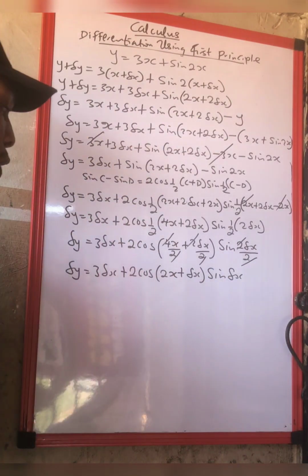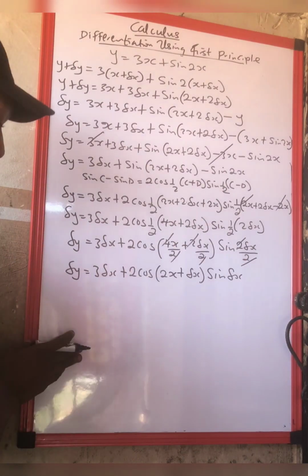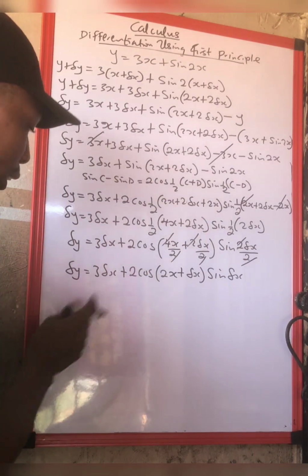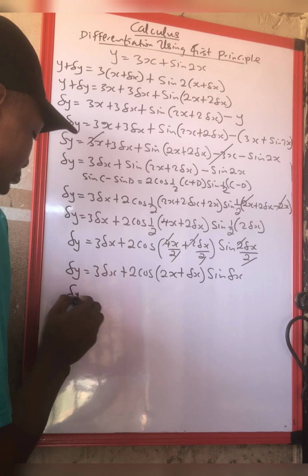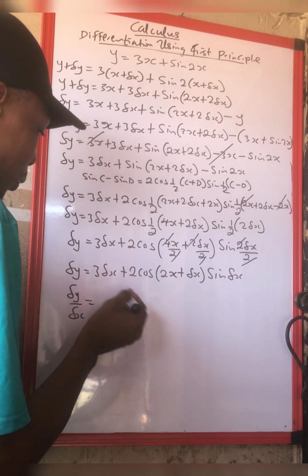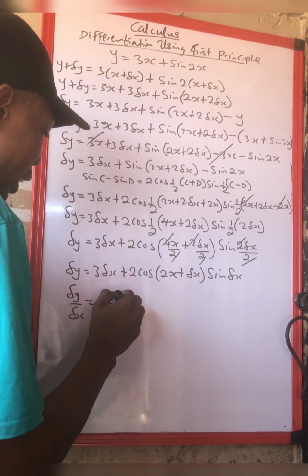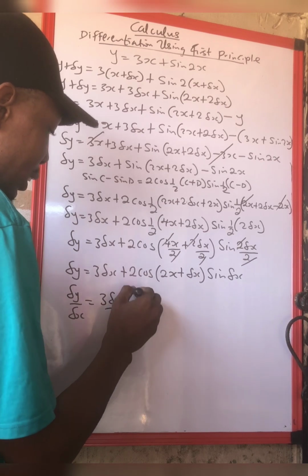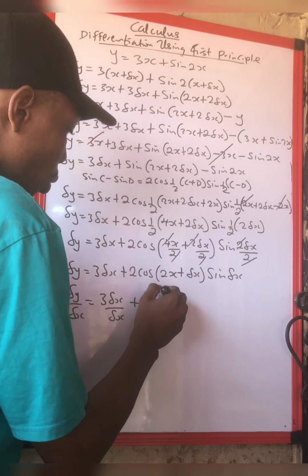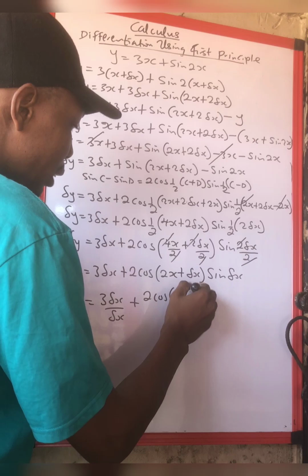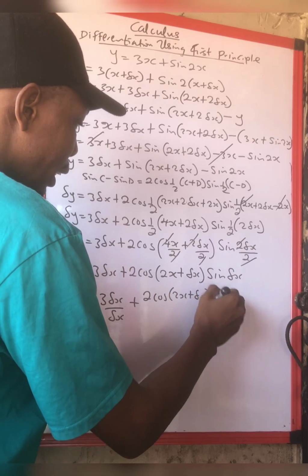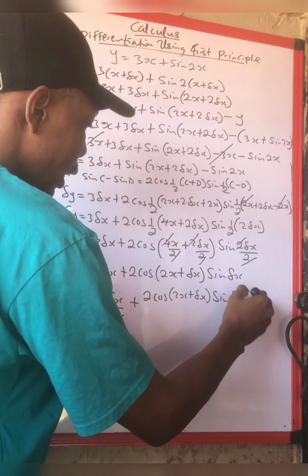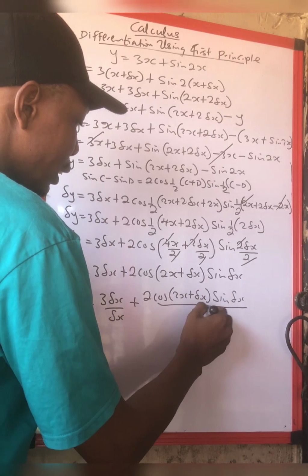Then after that, don't forget you divide through by Δx. Dividing through by Δx, it becomes Δy over Δx equals 3Δx over Δx, then plus 2 cos 2x plus Δx, then sine Δx all over Δx.